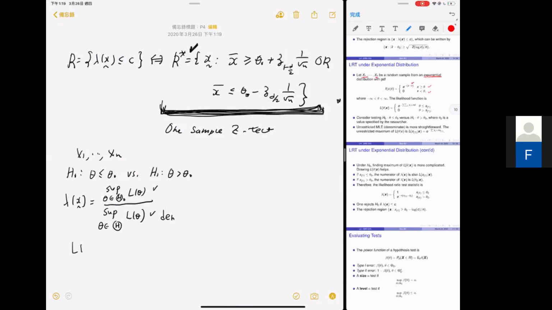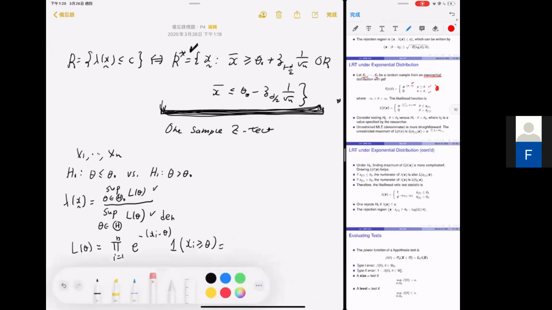You note down the MLE right here: nothing but the product of the PDFs, exponential of minus (xi minus θ). And don't forget the indicator function: every xi has to be bigger than θ, otherwise it's 0. You have seen that multiple times already. Then this guy right here is what?